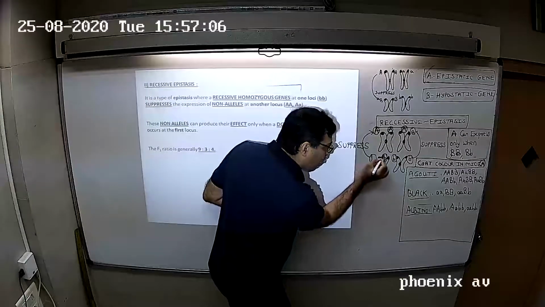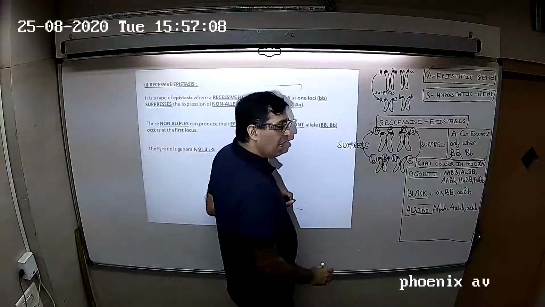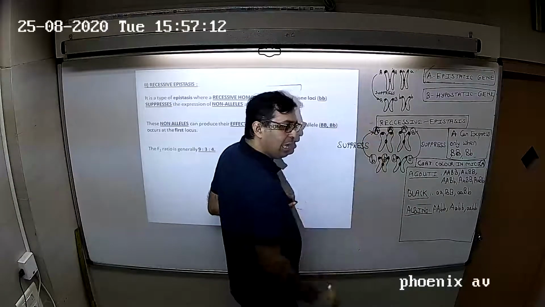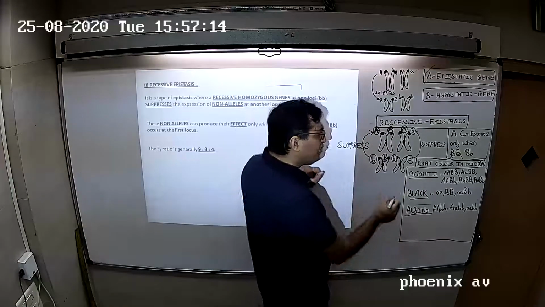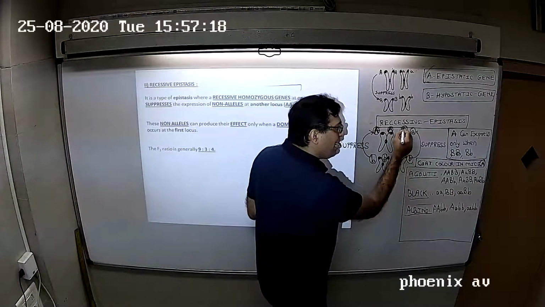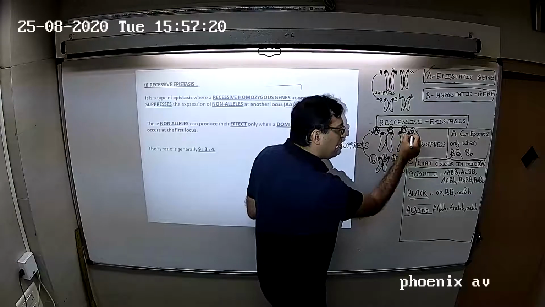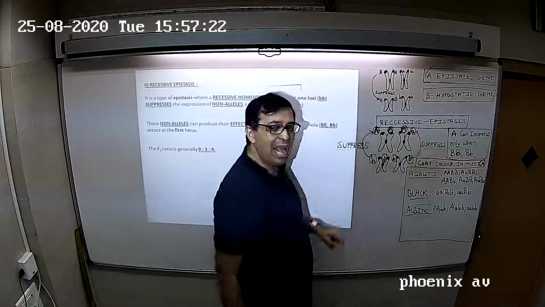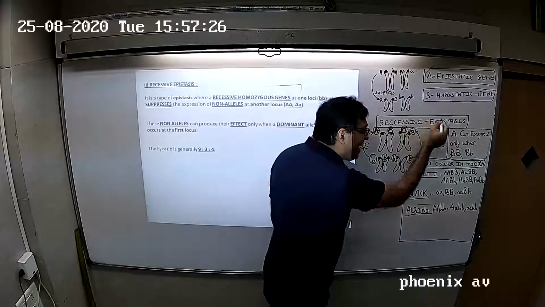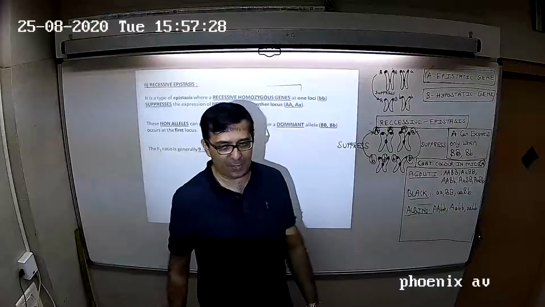Recessive gene, small b, is becoming epistatic over capital A, or over capital A, small a. And what is that called? Recessive epistasis.